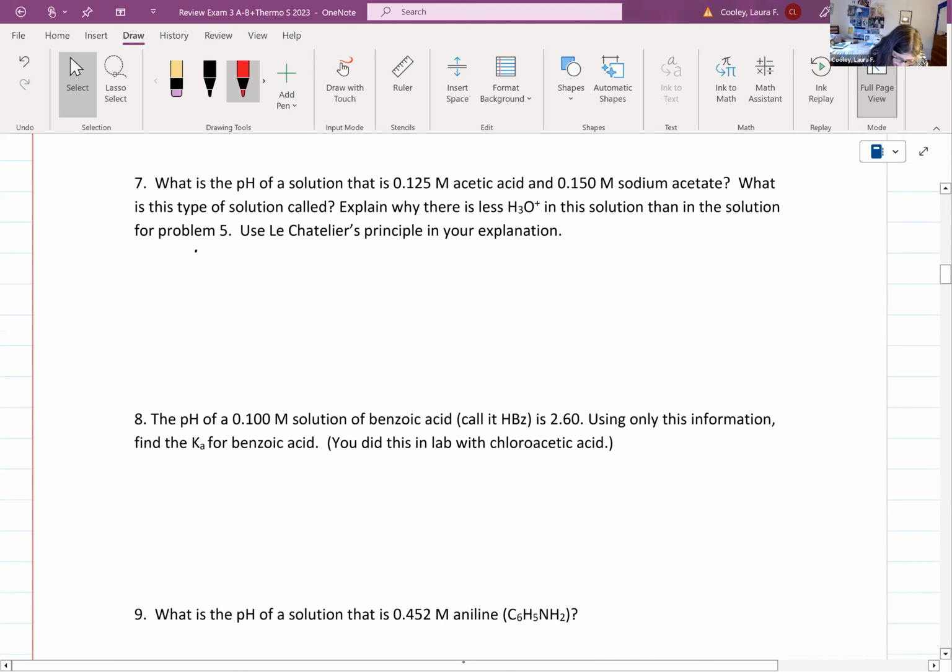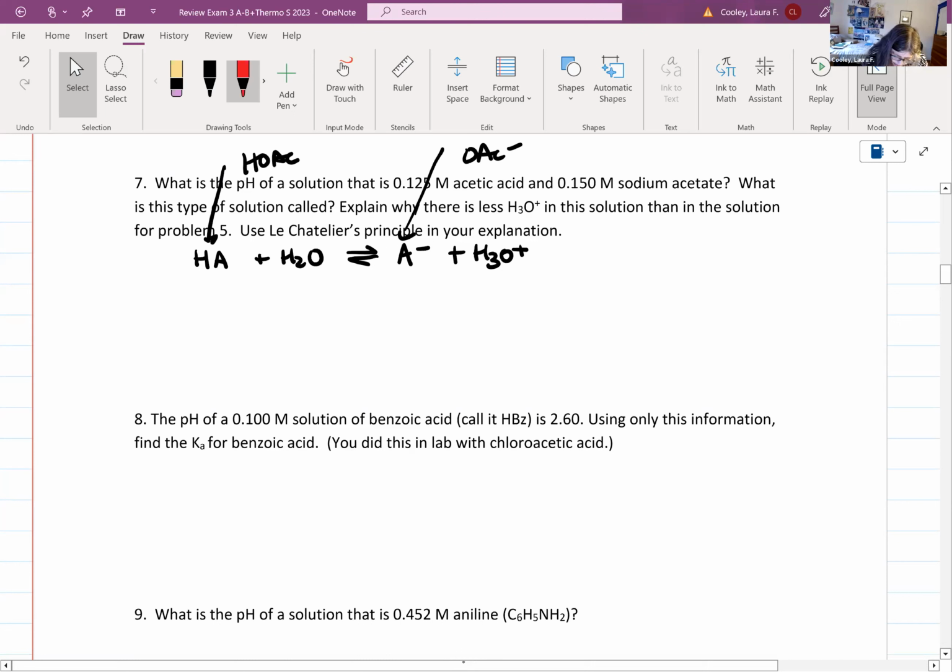The reason is if you have a weak acid, let's just call it HA. Well, actually, this problem is talking about acetic acid, so I could just do HOAc. So assume this is acetate, OAc minus, and this is HOAc.